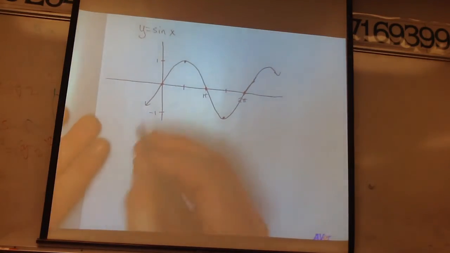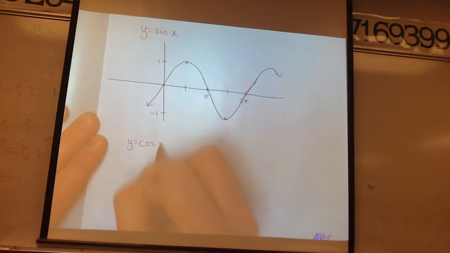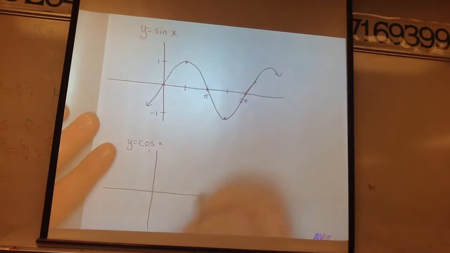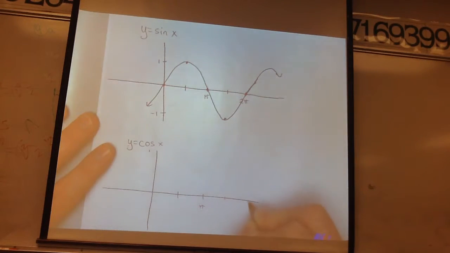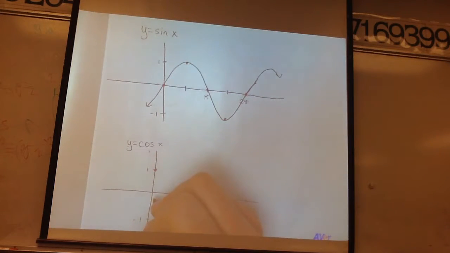Want to see cosine? It's very similar. You just kind of do the same thing. The cosine of 0 is 1.